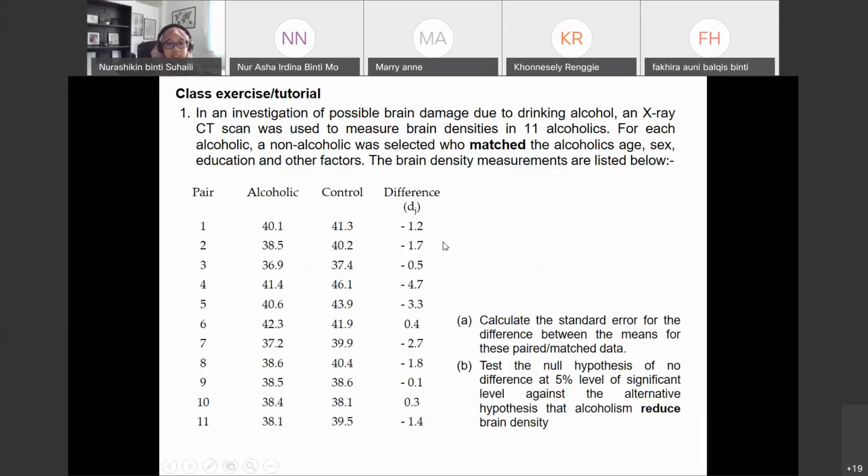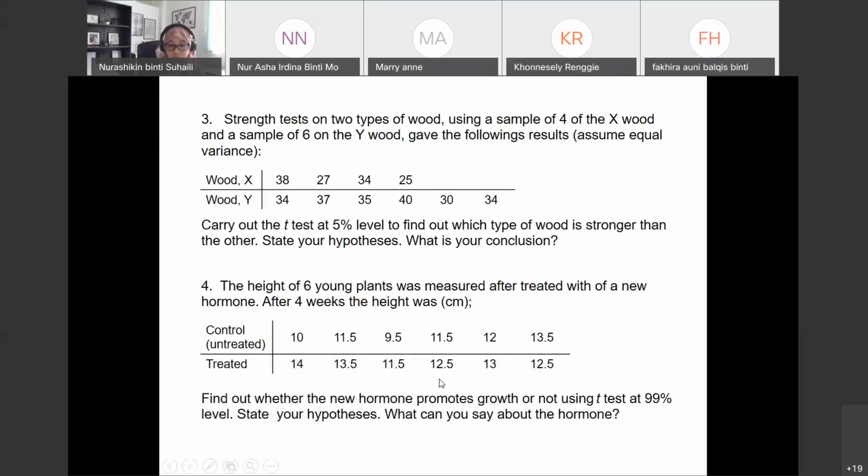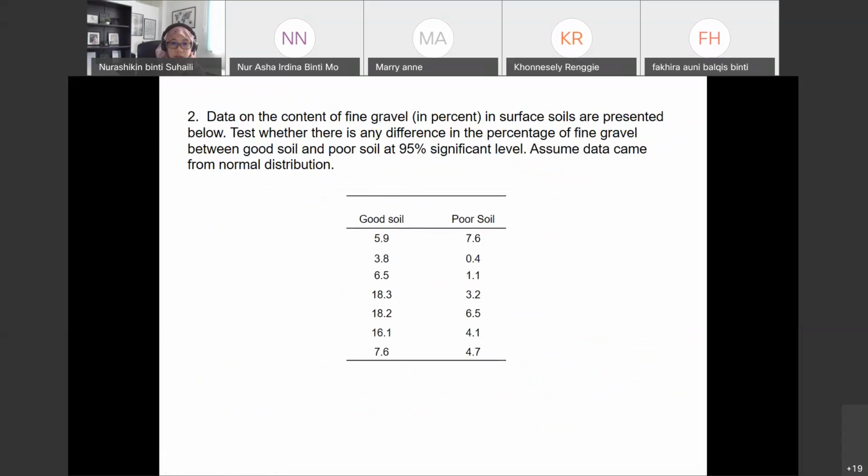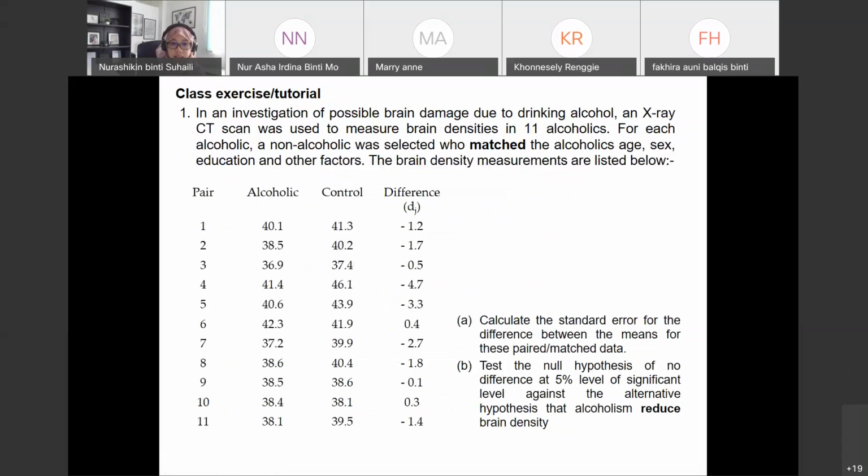In the first question, the difference is given to you, but more often than not, you have to find the difference by yourself. In this case, it's given. I hope you can do it by yourself, and I will give the answer later on Elite.